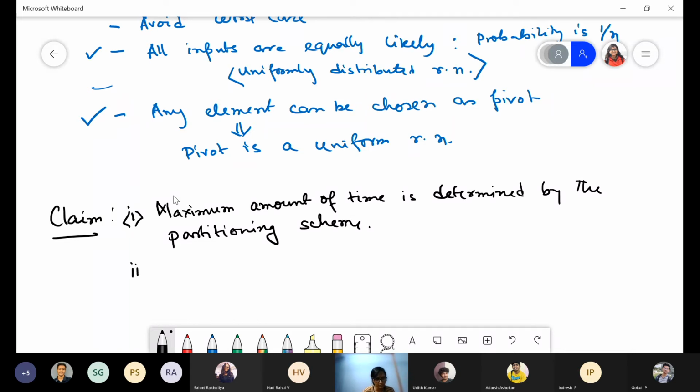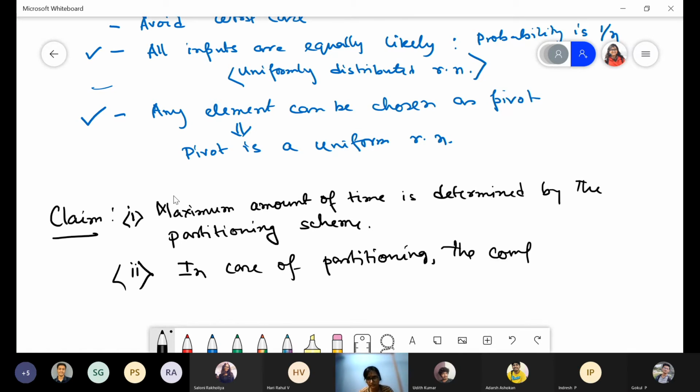The second claim, I hope you will agree, is that in case of partitioning, the comparison is the most costly operation.